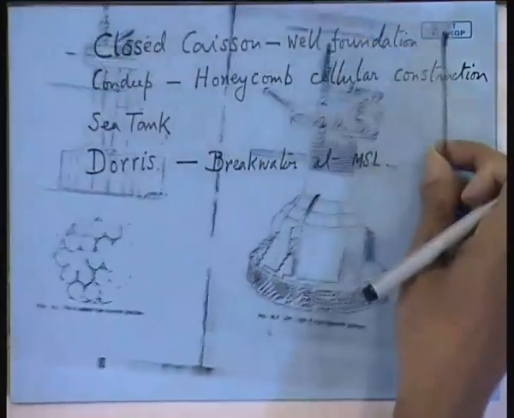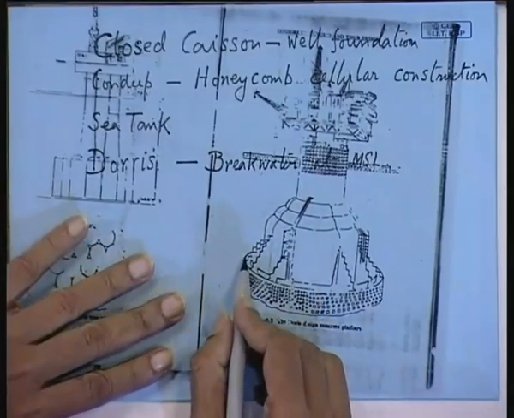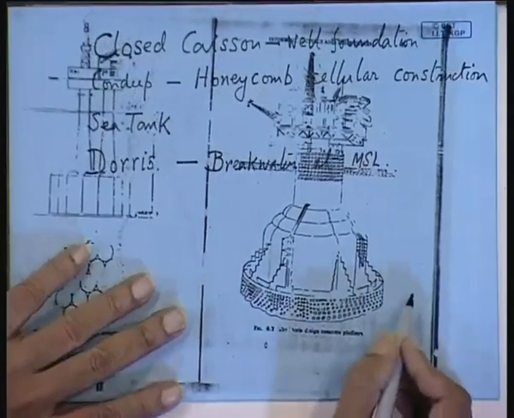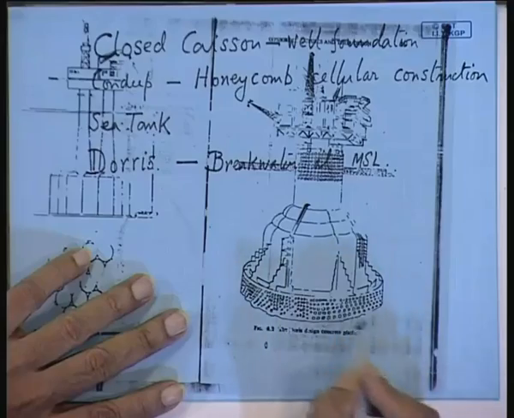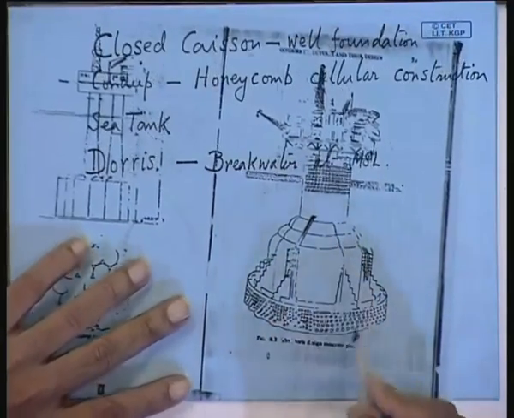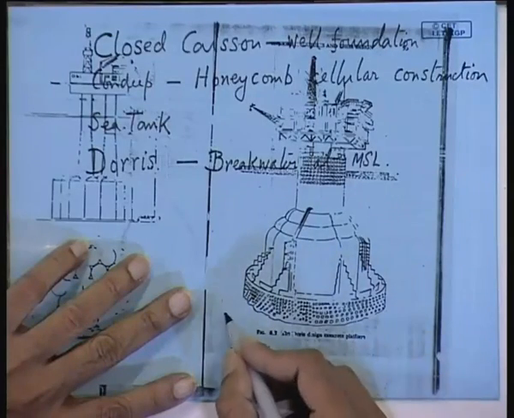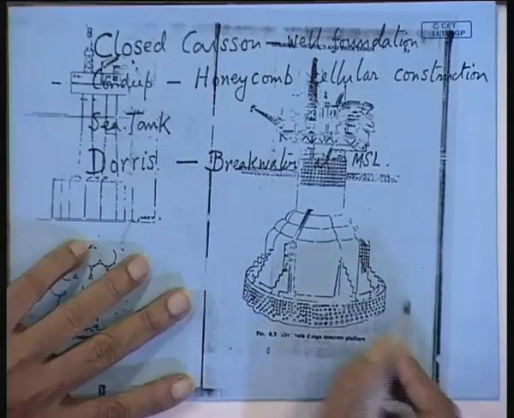There is another breakwater, if you notice, at the seabed. You can see another type of wall with a lot of holes at the base of the structure. So, there are 2 breakwaters, one at the sea level and the other at the seabed. But at the seabed, why have they given this? There are no waves.